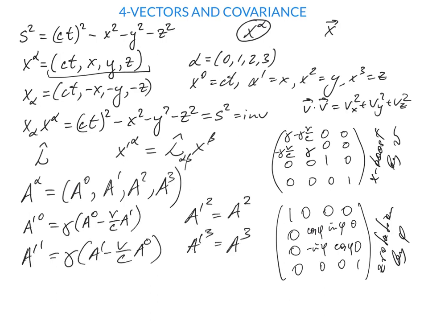And just as we did for the x sub alpha, we will also define the covariant components, a sub alpha, by changing the signs for the spatial components and keeping the sign for the time-like component the same.